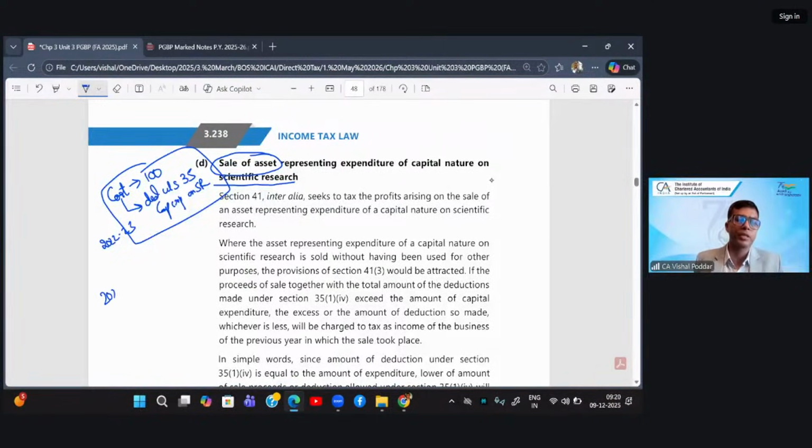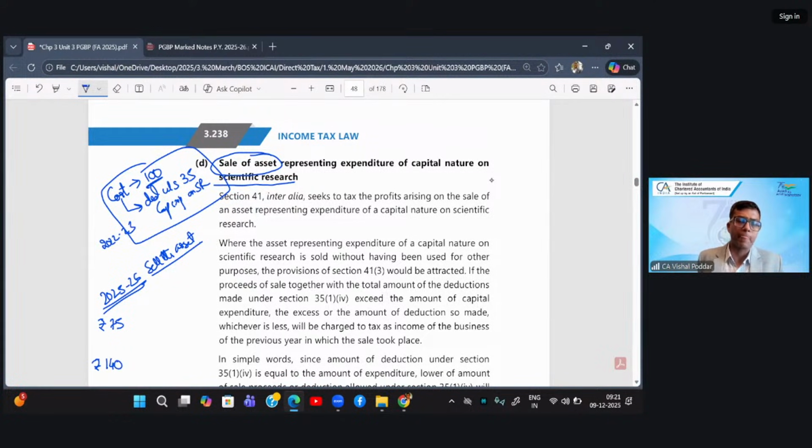Now in the present year 25-26, I decide to sell the asset. Why? Because now I no more need the asset for research. Now there are two possibilities. First possibility is I sell the asset for rupees 75, which is below this 100, or second, I sell it for 140.